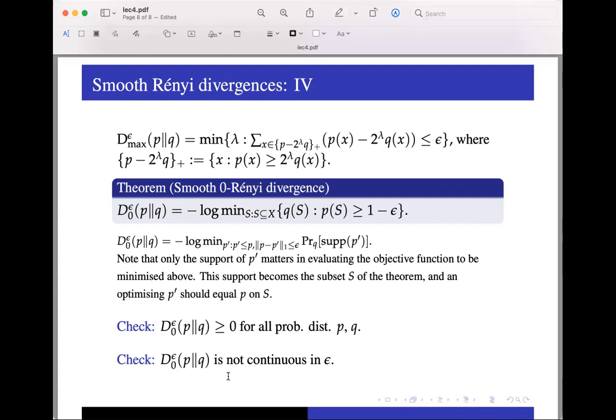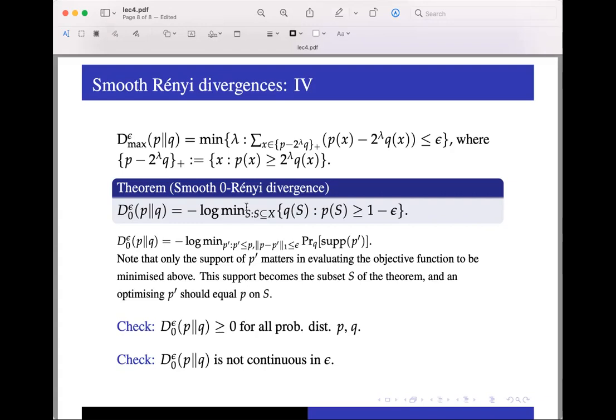So why is this? Let us come to this characterization of d0 epsilon. Let us say I start increasing epsilon slowly. Increasing epsilon translates to this subset S can only increase its cardinality, meaning one more element has entered the subset S. But what is going to happen?